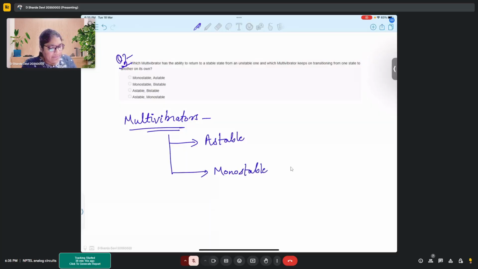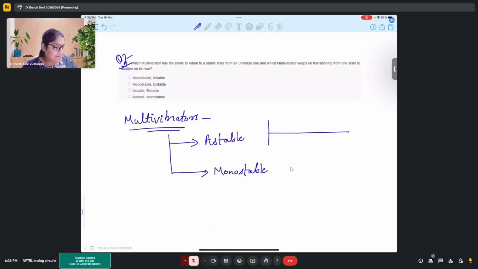When we say it's an astable multivibrator, what we mean is there is no stable state in the output of the multivibrator. The multivibrator is switching between two states and they both are not stable.